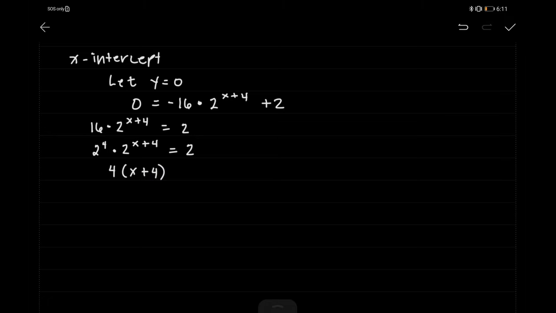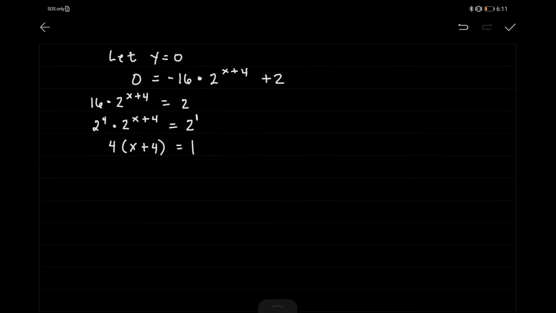Then, yung 2 raised to 1 is equal siya sa 1, kasi ang exponent niya dito is 1, diba? So bring down natin yung exponent niya na 1. So magiging 4 times x is 4x. Then 4 times 4 is 16, which is equal to 1. So this is 4x, which is equal to 1 minus 16.